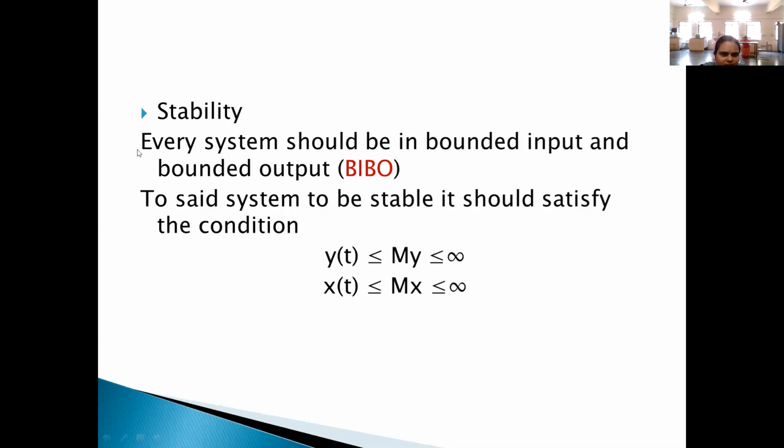For that reason, the definition is that every system should be bounded input, bounded output. For a communication system, take the speech you talk on a mobile: you give an input and your friend listens to your words, which is the output to your friend. Whatever words you talk, it should reach that person.